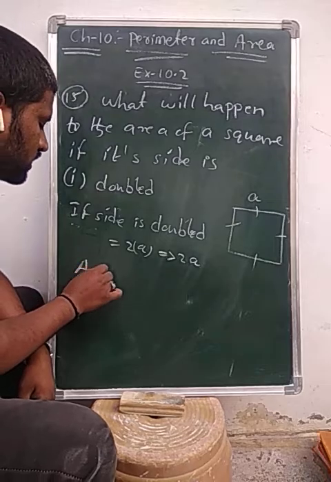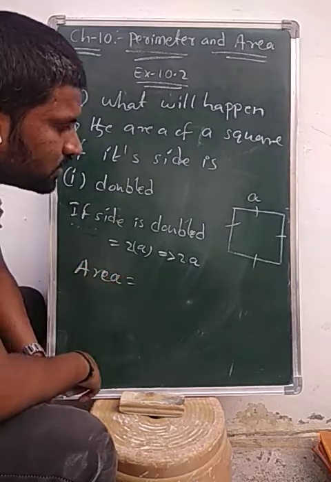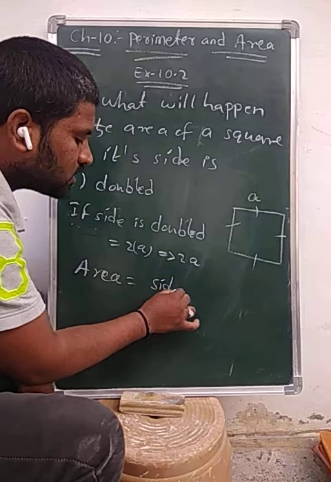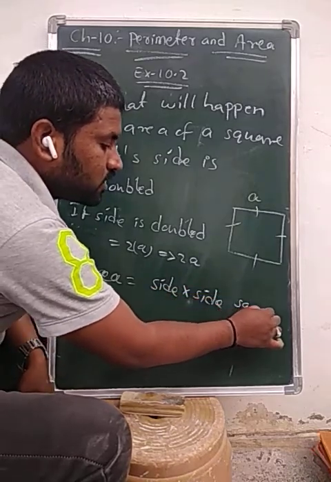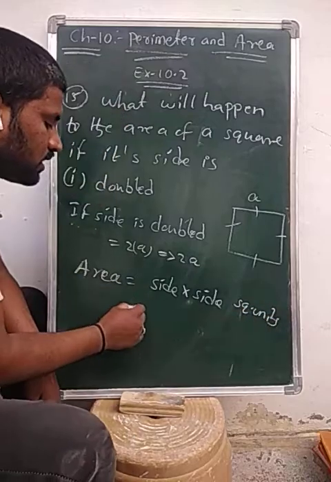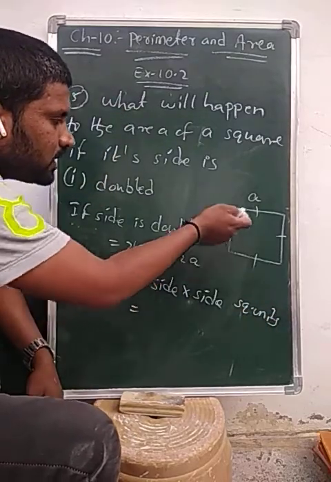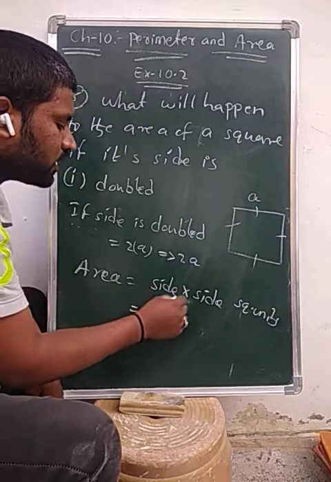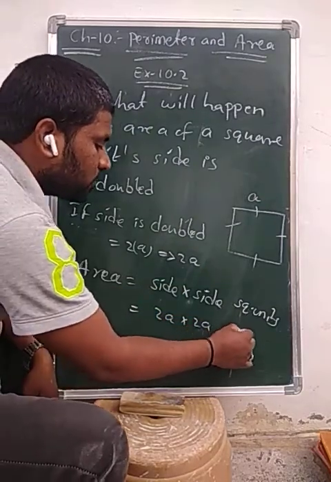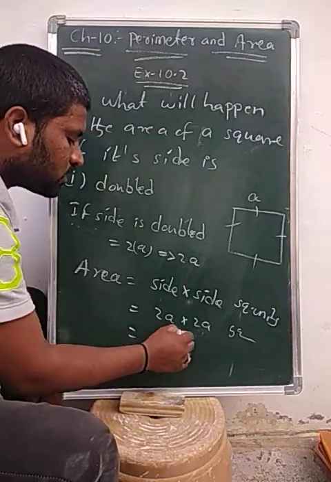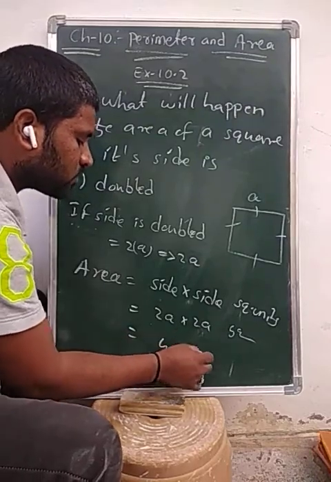Area is equal to what? Area of a square is equal to side into side square units. Now side is actually A, doubled it is 2A. So 2A into 2A square units, then 2 2s are 4, A into A, A square.